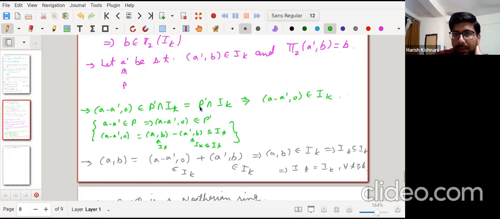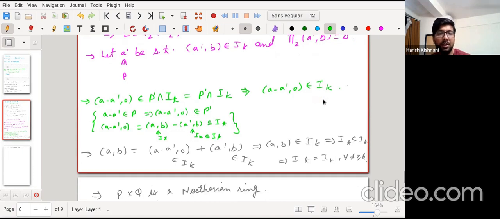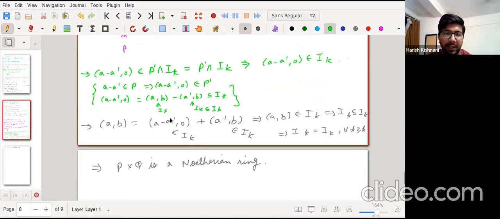So it is the same as P dash intersection IK, but that implies that A minus A dash comma 0 is inside IK, because if it is in an intersection, then it has to be inside IK. Now A comma B can be written as A minus A dash comma 0 plus A dash comma B. This is inside IK and this is inside IK.